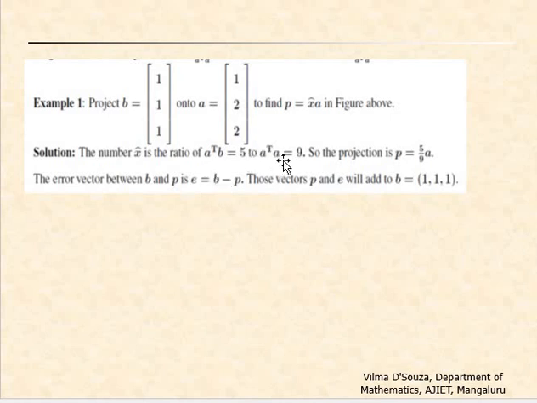What is A transpose A? 1, 2, 2 row vector into column vector 1, 2, 2. That is 1 plus 4 plus 4 gives you 9. So what is the projection P?